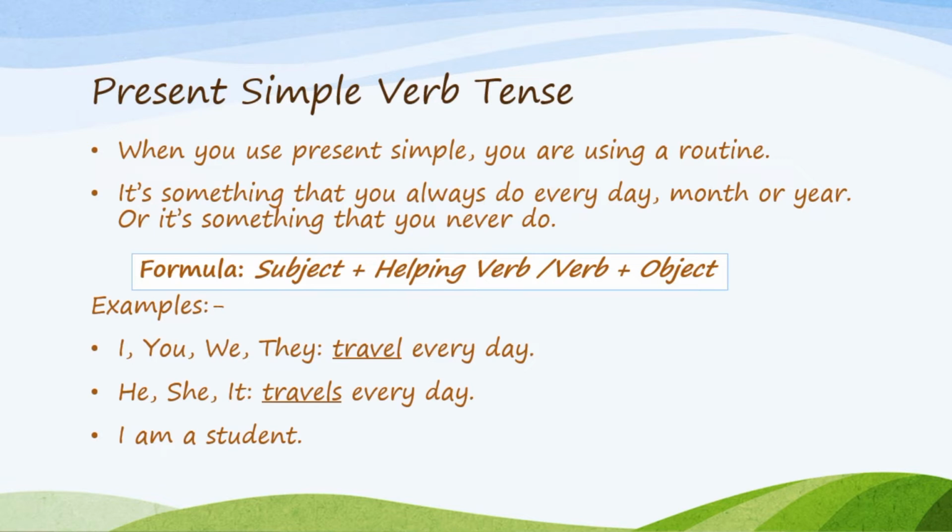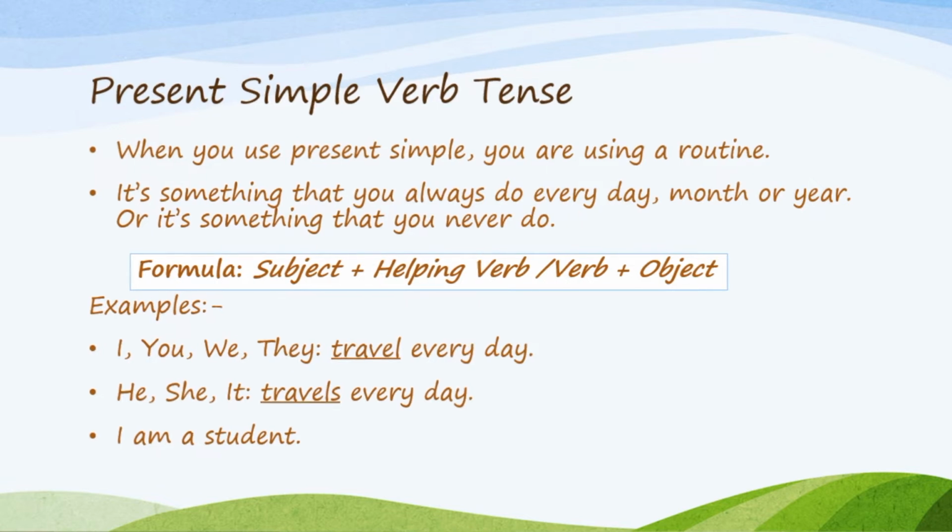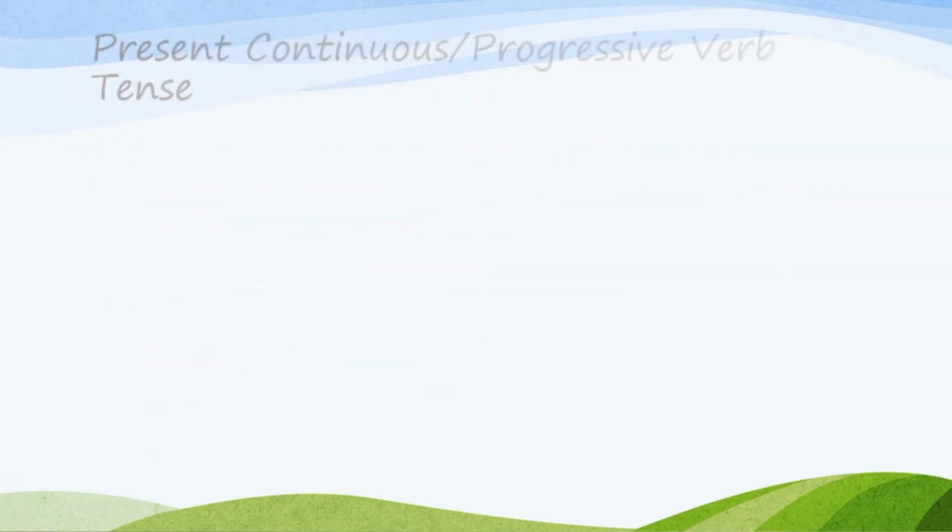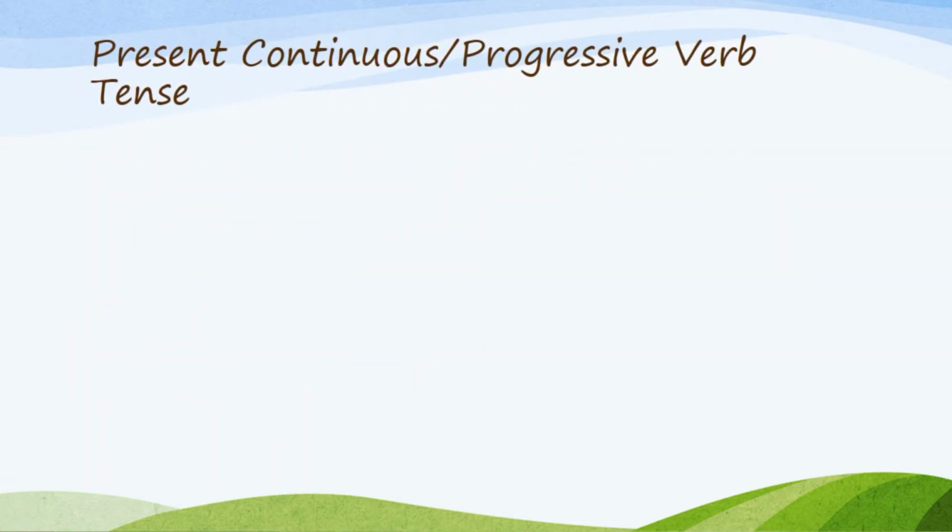I hope you find it informative and the concept is clear about present simple, or present indefinite. Now let's move towards our other type of present tense, which is continuous, or we can say present progressive tense.